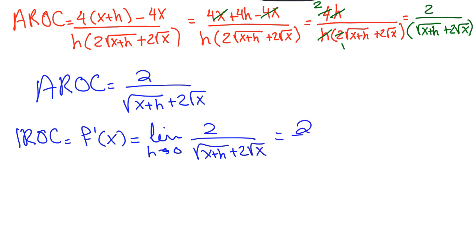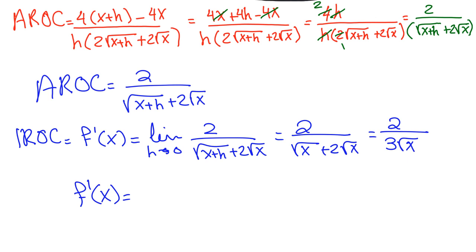Putting the 0 in this equation for the h, it becomes square root of x plus 2 square root of x. Now those two in the denominator are like terms, so it will be 3 square root of x. So your derivative, or your IROC at any value of x, is equal to 2 over 3 square root of x.